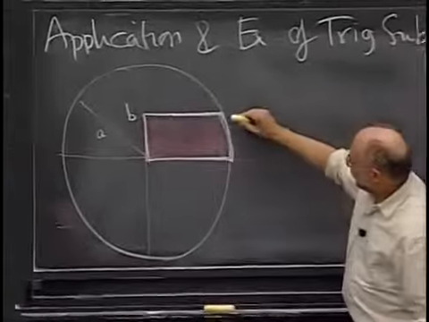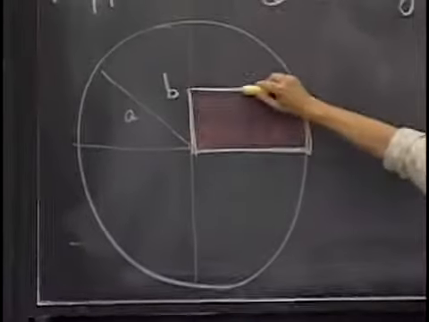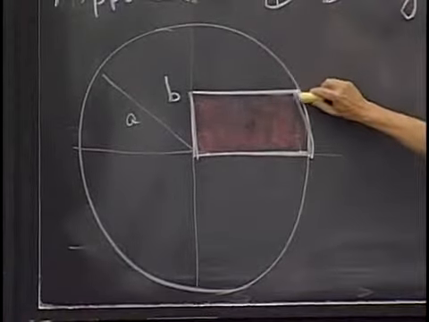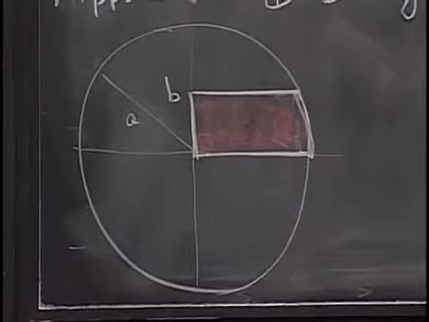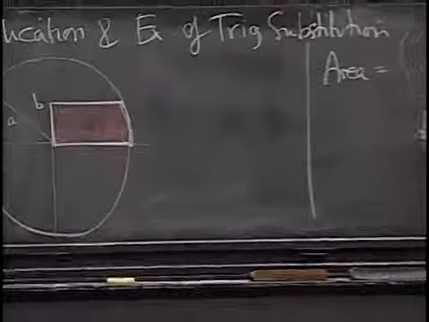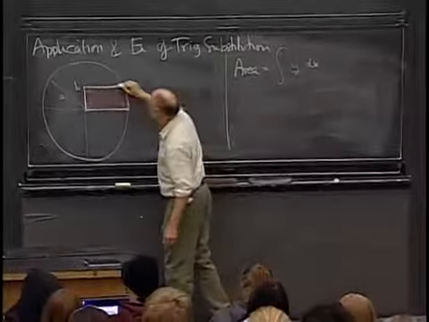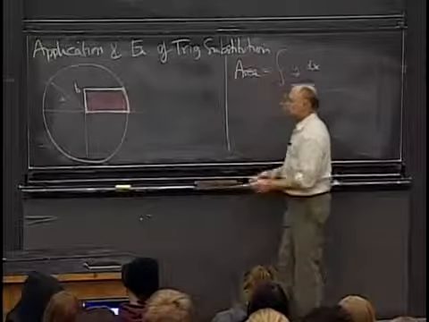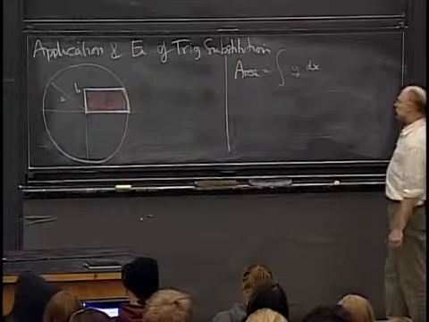But that's a little bit awkward because my formula for y is going to be a little strange. It's a constant value of b along here, and then at this point it becomes this arc of the circle. So working this out, I could do it, but it's a little awkward because expressing y as a function of x, the top edge of this shape, takes two different regions to express.